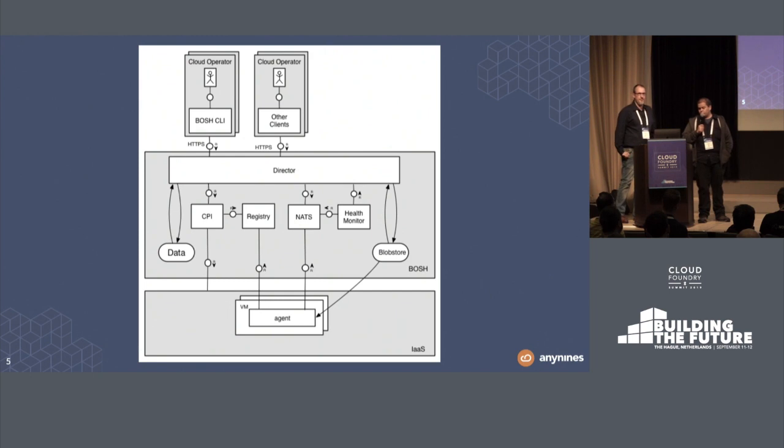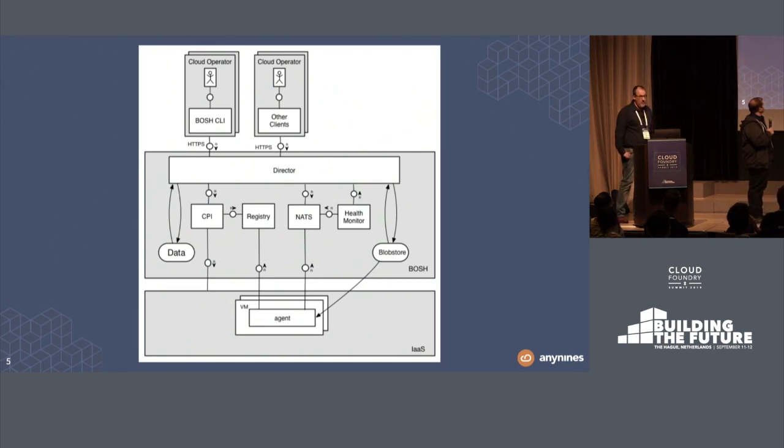You can use a BOSH CLI, that is a command line interface, or a BOSH tool, in order to communicate with the BOSH Director. The BOSH Director is the core piece of the BOSH environment, and one important part is the CPI, the Cloud Provider Interface. In general, it translates all BOSH commands into IaaS-specific API calls.